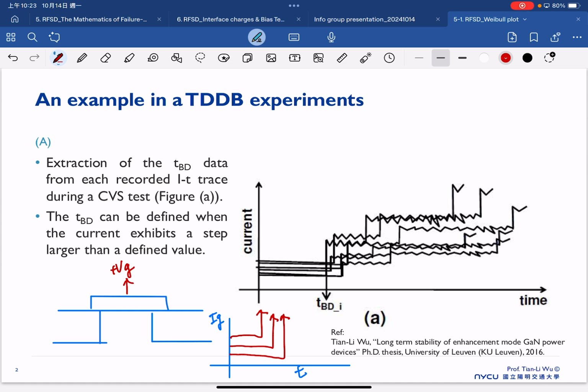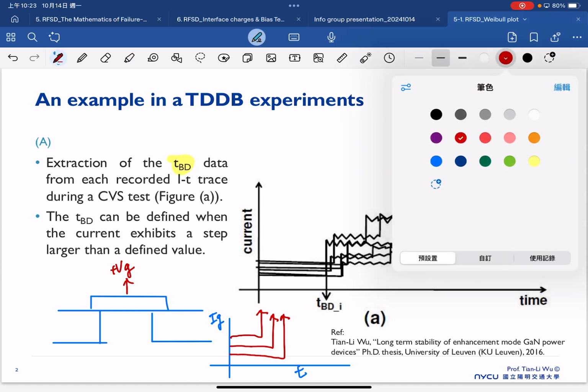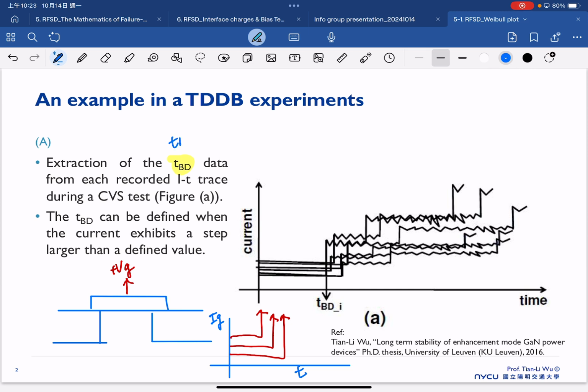And to make the Weibull plot, we first have to identify the term we call the TBD. The TBD is the time to breakdown. So this is a case of the time to breakdown data from each recorded current versus time trace during the CVS stress.